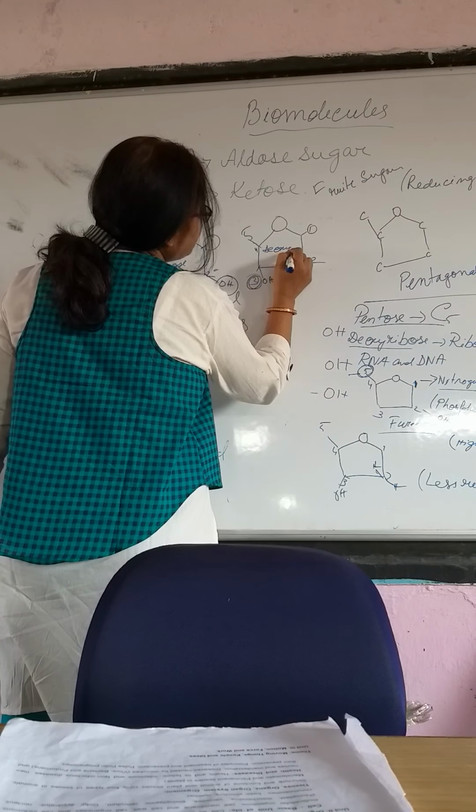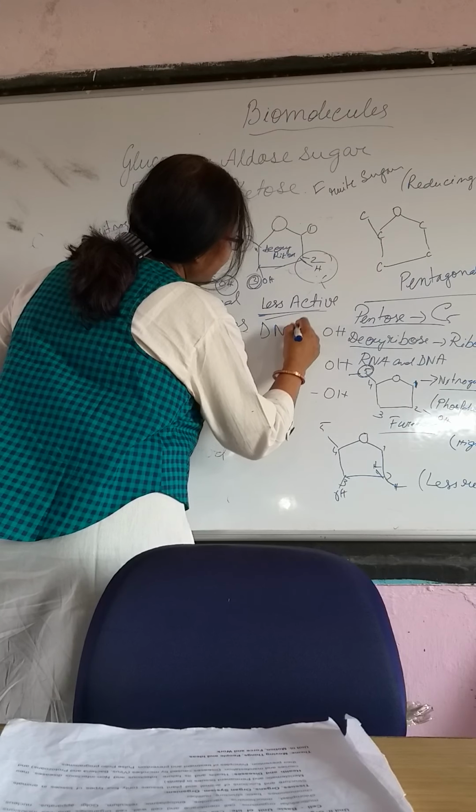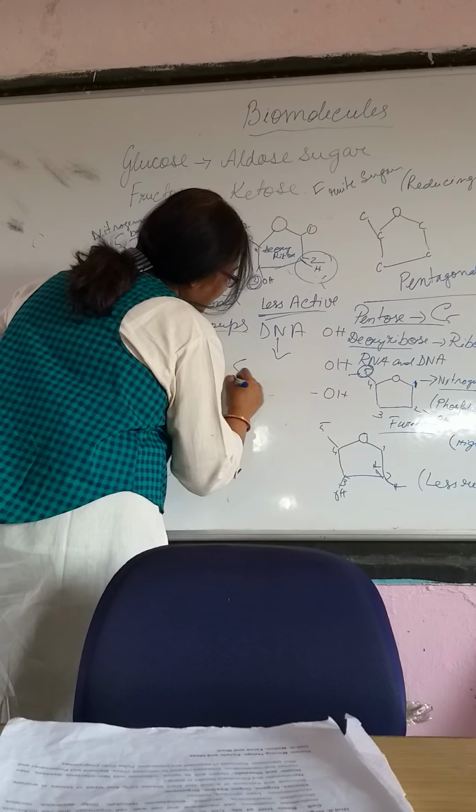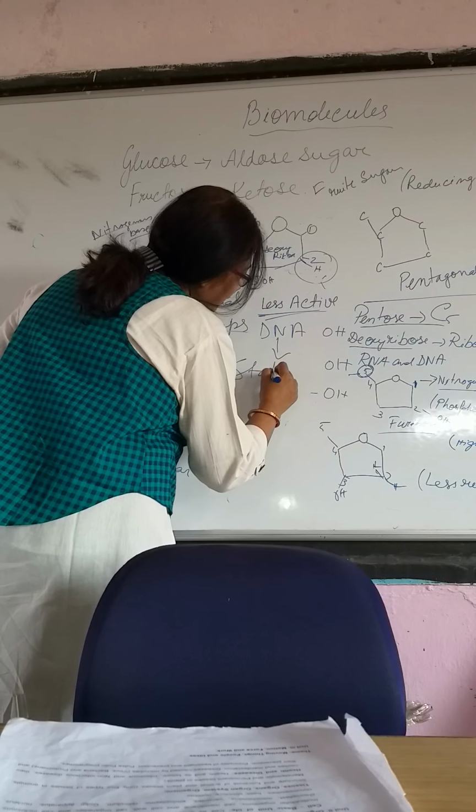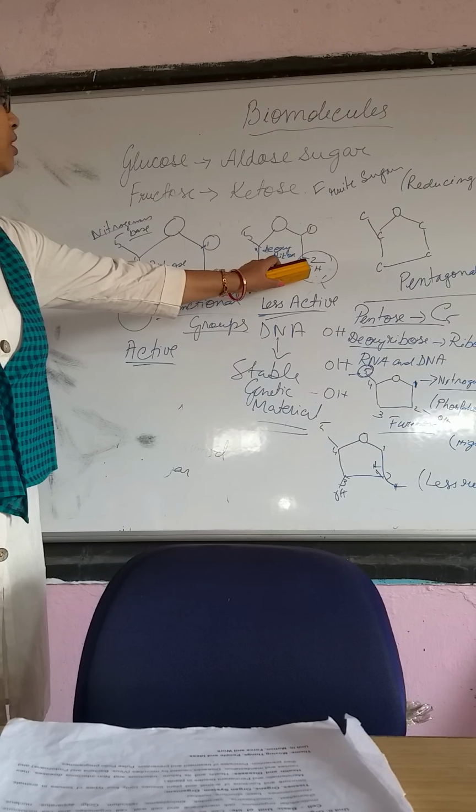This makes deoxyribose less active, and this less active property is the main property of DNA that makes it a stable genetic material, and it is only due to the absence of the functional group in the 2nd position.